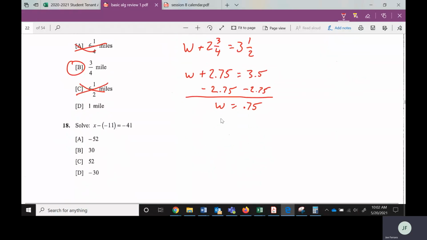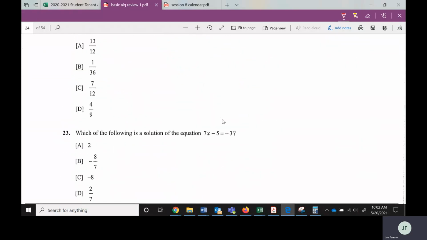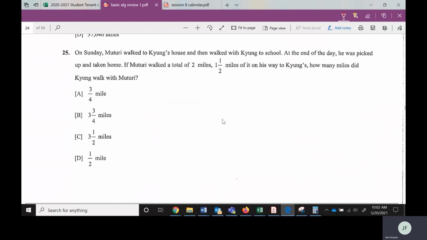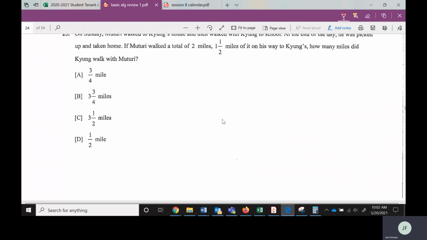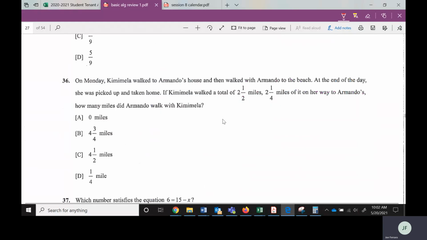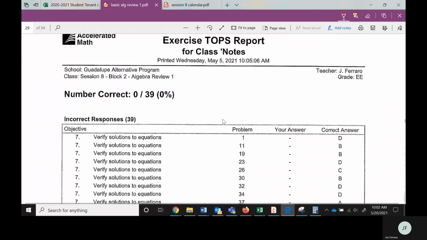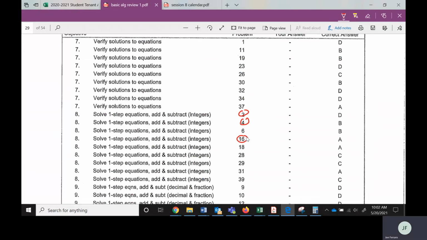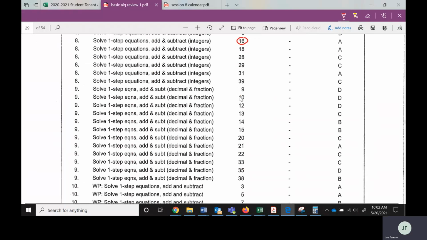I haven't pre-circled these, but let's go to the end and circle which ones we did here. Just to help you out if you're looking for which ones we did. 2, 4, and 16. We did 10, 9, 15.